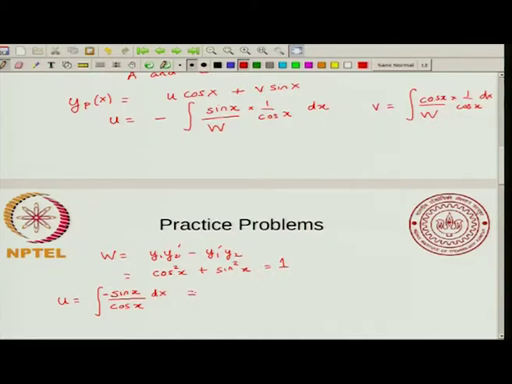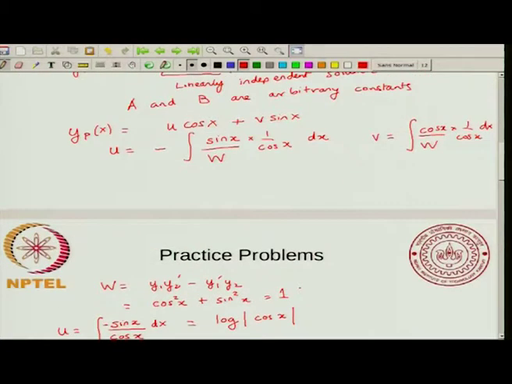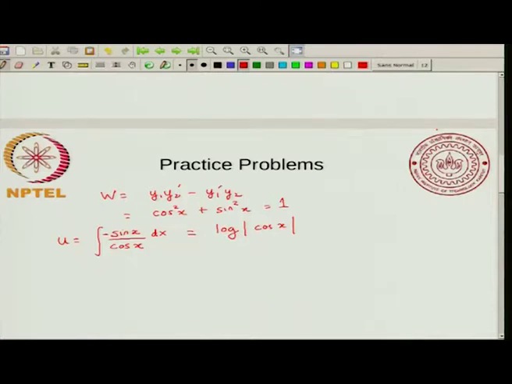This is nothing but, because the derivative of cosine x is minus sin x, I can write this as logarithm of the absolute value of cosine of x. What about v of x? The cosine x will cancel, you just have 1 dx. So v equals the integral of 1 dx, which equals x.